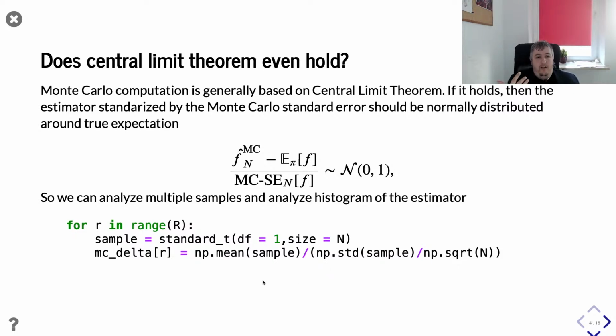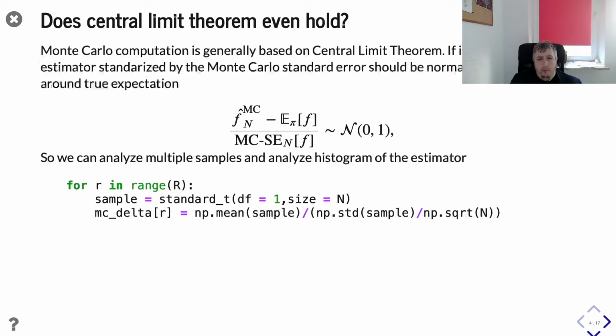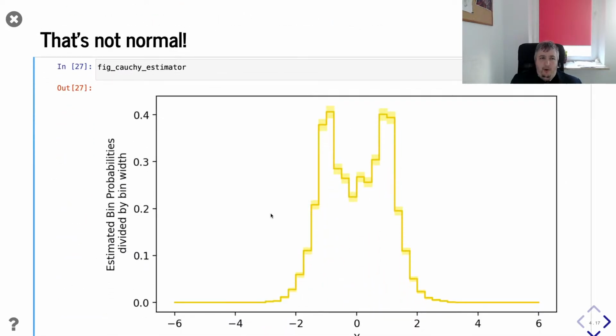If we try multiple times, so we get multiple samples, and analyze the histogram of the estimator, for each we try to estimate the expectation. We can compute the histogram of it, and as we can see, it is obviously not normal, and it's not normal because the expectation, of course, does not exist.